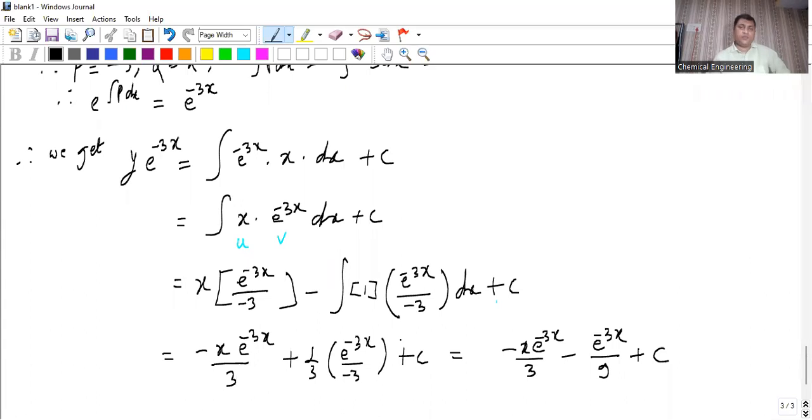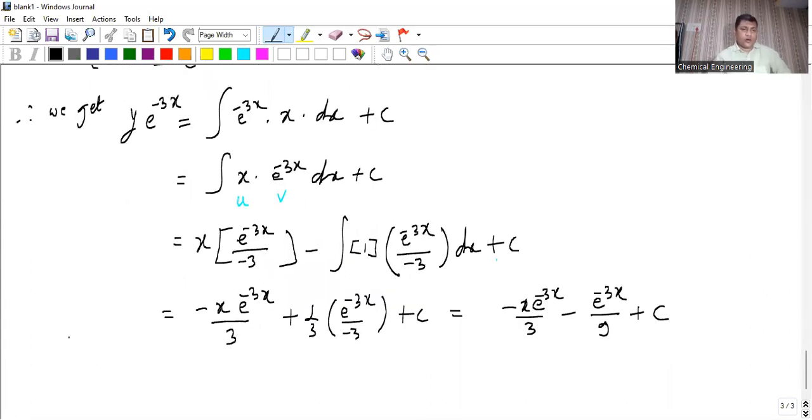So the solution we got is y e raised to -3x = minus x e raised to -3x by 3 minus e raised to -3x by 9 plus c. Okay, so that's what we got.